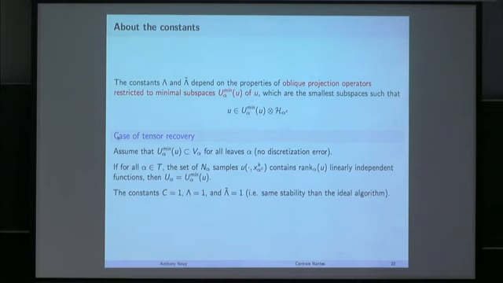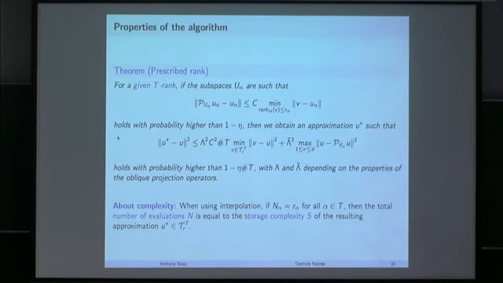There will be cases where the spaces are awful and the algorithm will behave badly, in the sense that lambda could be very high, but in practical situations, very often these lambda and lambda tilde are moderate.